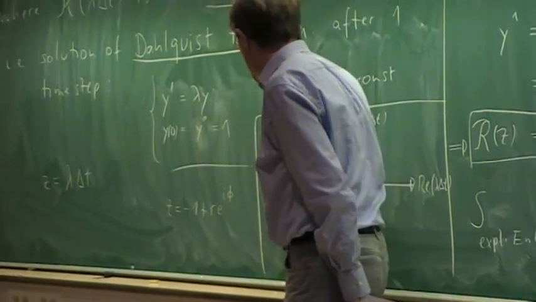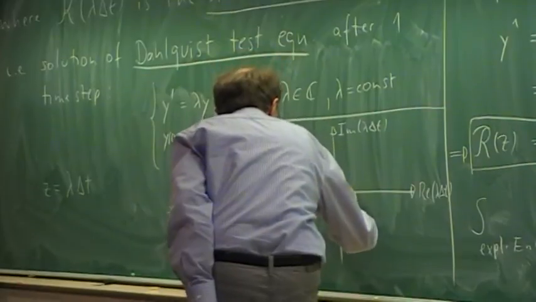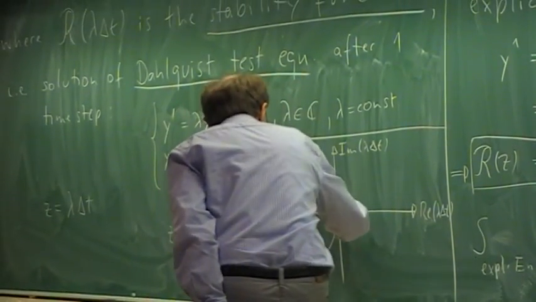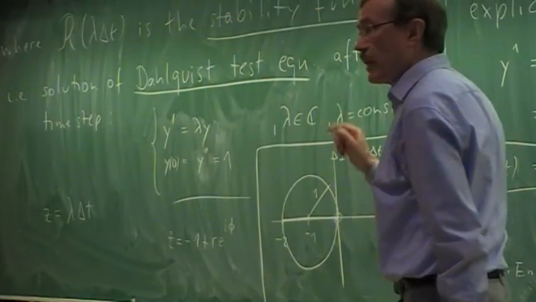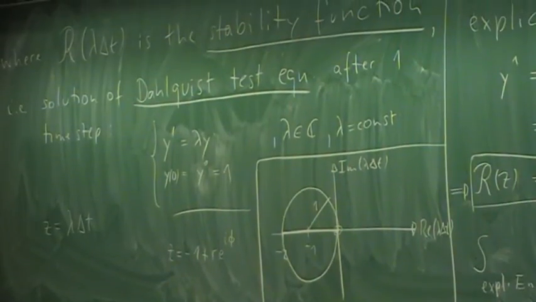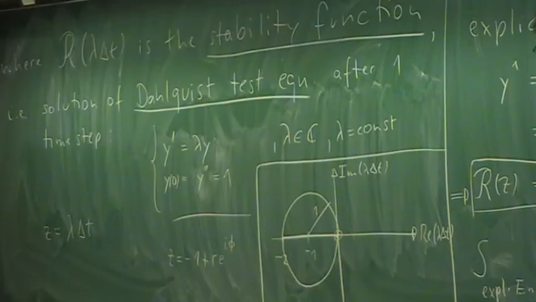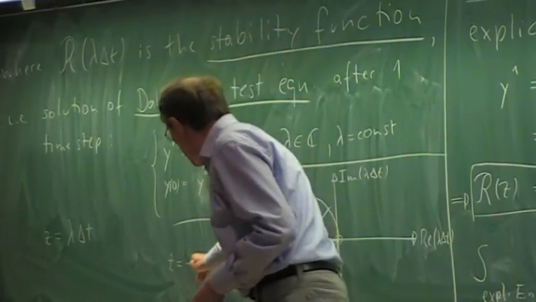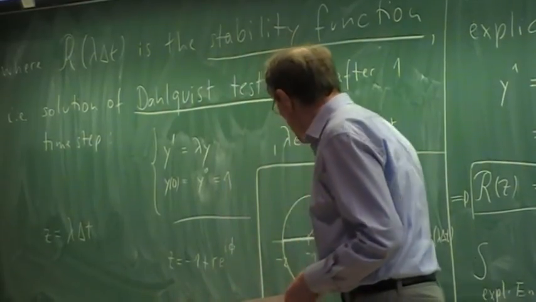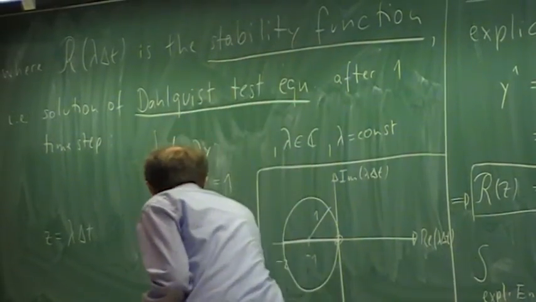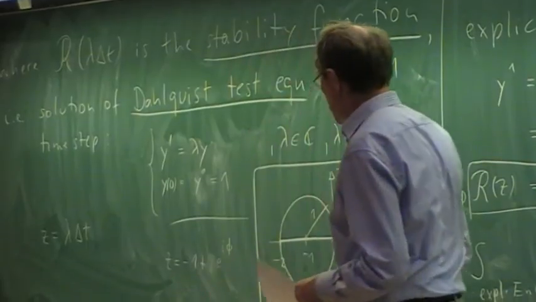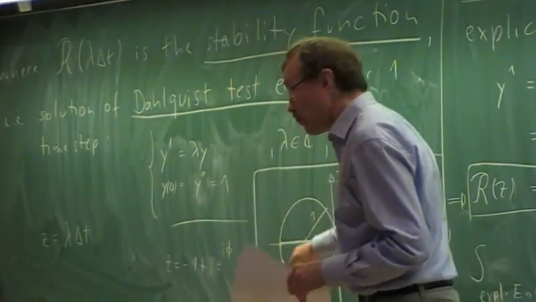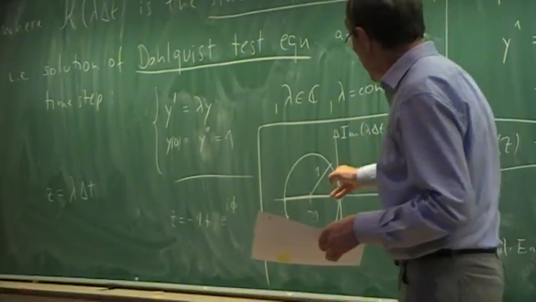So my claim is now, if we choose r equal 1, we get a circle with a radius 1. So this is the radius 1. And I claim that this will do the job. You see, if we plug this z here, which is all points here, in that case, if I take that away, then it is r equal 1. Then we have all points, if we vary phi from 0 to 2 pi, we have all points on the circle.